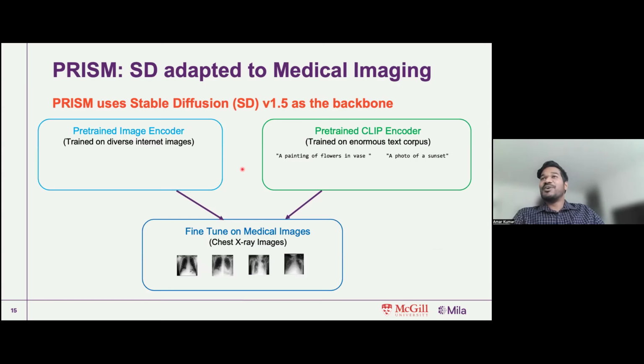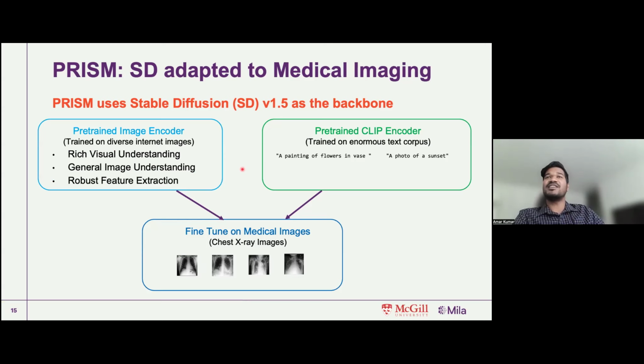So what did we do under the hood over here? We took the pre-trained Stable Diffusion 1.5 model as the backbone for our architecture, and we utilized the pre-trained image encoder, which has a rich visual understanding of generalized images and is also very good at robust feature extraction. So we don't change the image encoder.